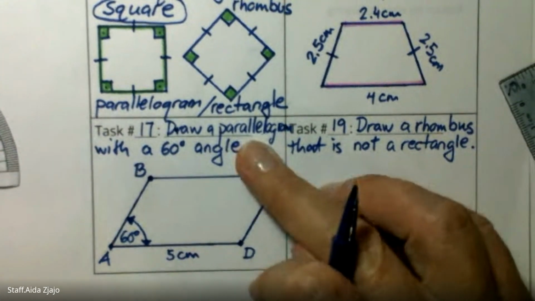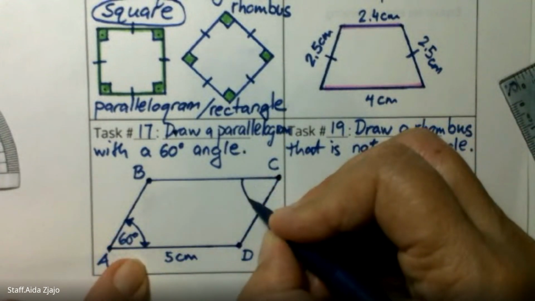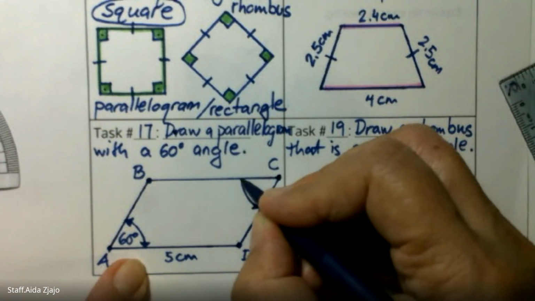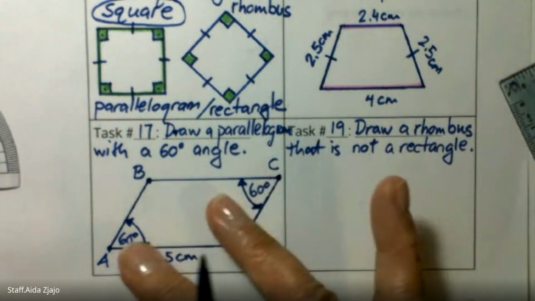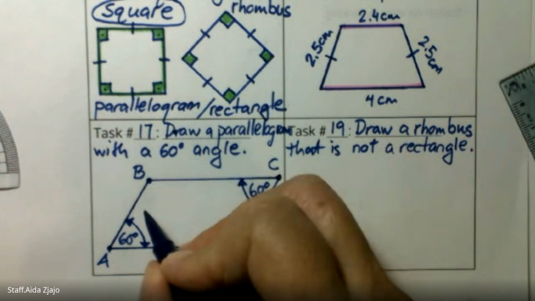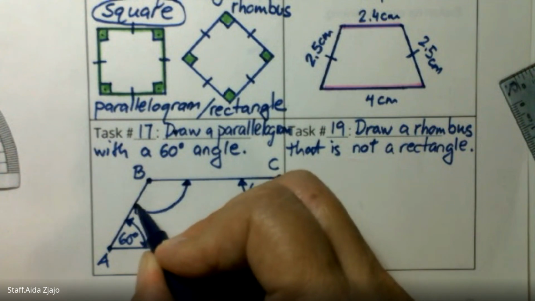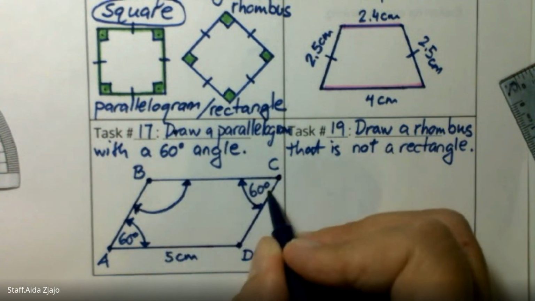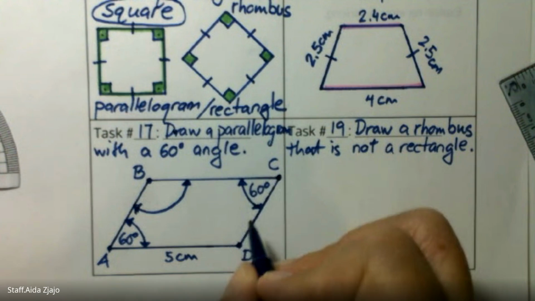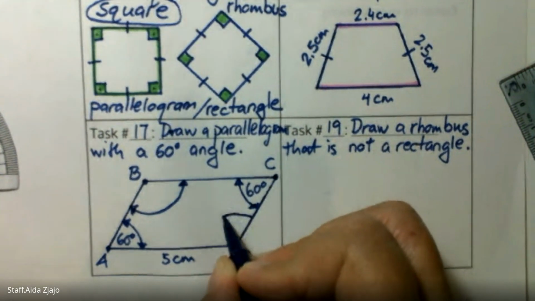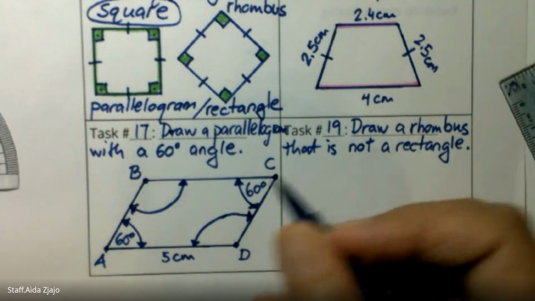Because it's a parallelogram, this is 60 degrees, and opposite angles are congruent. So these are also 60 degrees. And then these are called acute, and these are obtuse angles. If I know that 60 plus 60 is 120, and all 4 need to add up to 360 degrees, I don't need to even measure this.